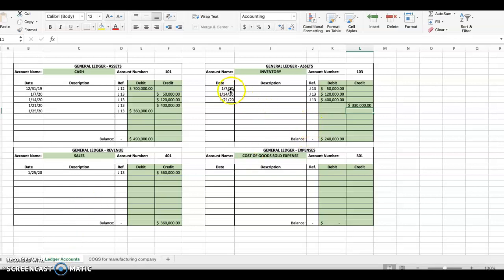On the 7th, we purchased inventory, so we debited $50,000 and we credited cash $50,000. The 14th, we debited inventory $120,000 and we credited cash $120,000. These were cash purchases. 21st, $400,000, and the credit to cash $400,000. So you can see that those have been journalized apparently, and now we can see that they are posted.